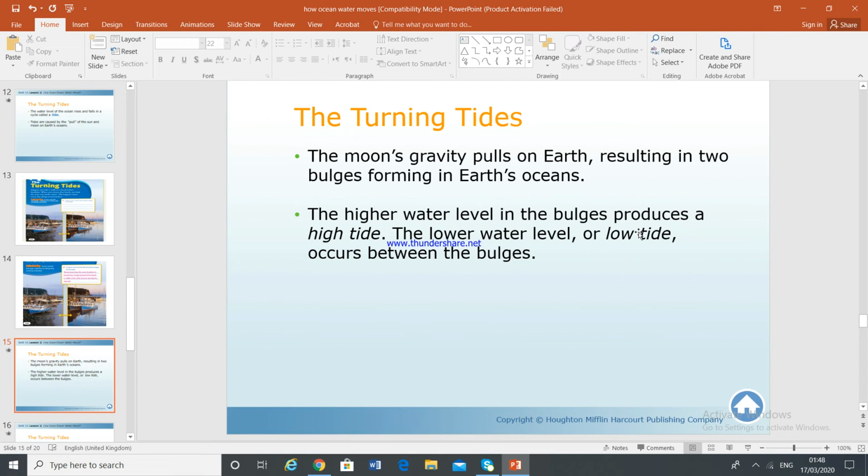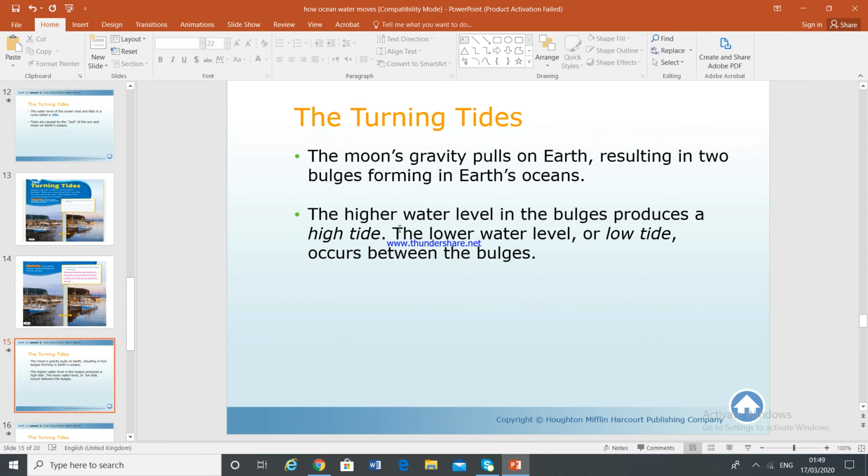So the moon's gravity pulls on Earth, resulting in two bulges. I told you the meaning of bulges. That means it forms a bump, a little higher than the normal surface, in Earth's ocean. The higher water level in the bulges produces a high tide. Okay, when it is a higher water level, it produces a high tide.